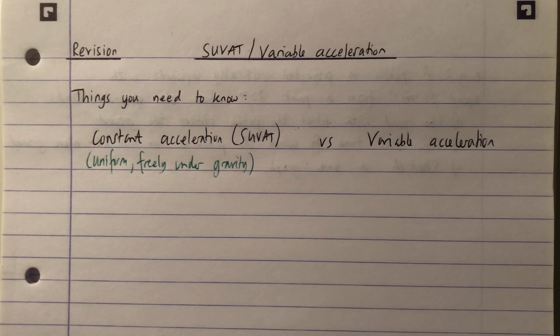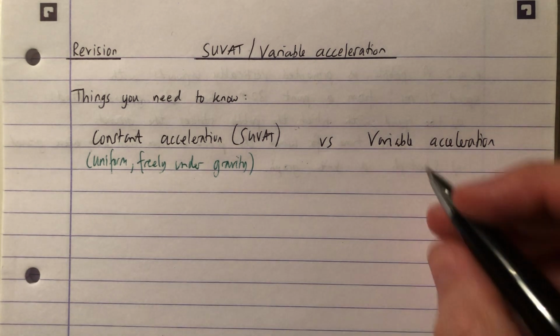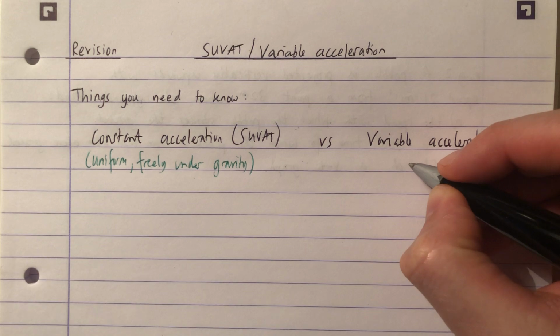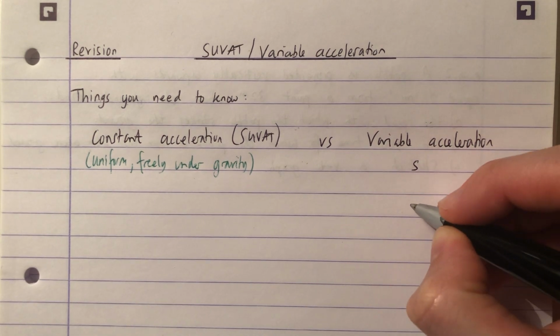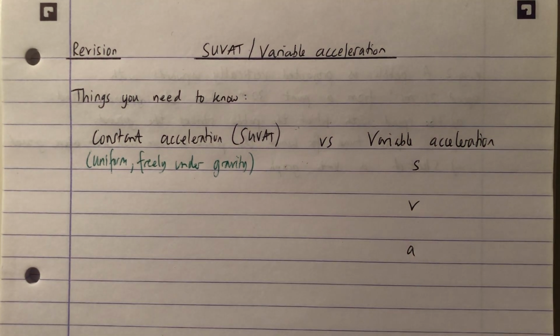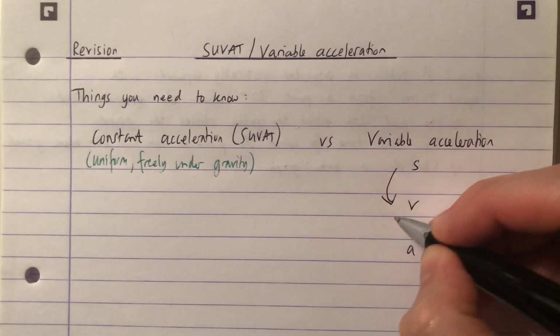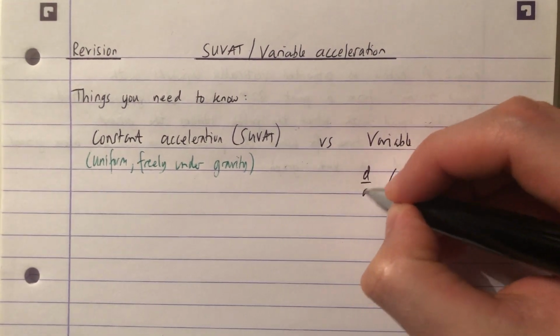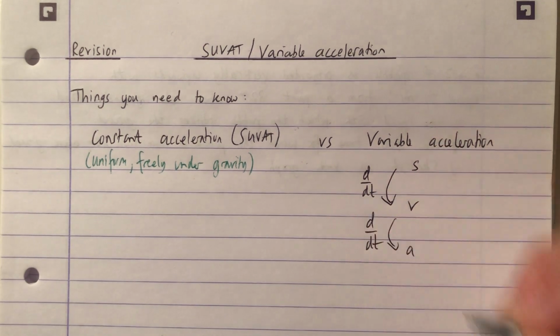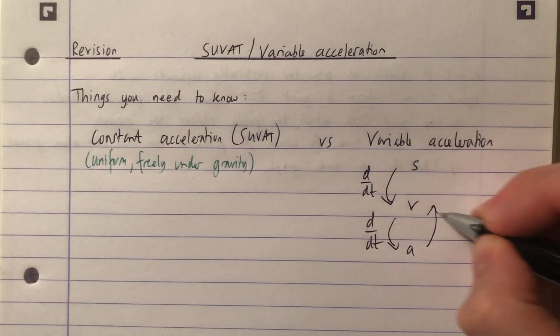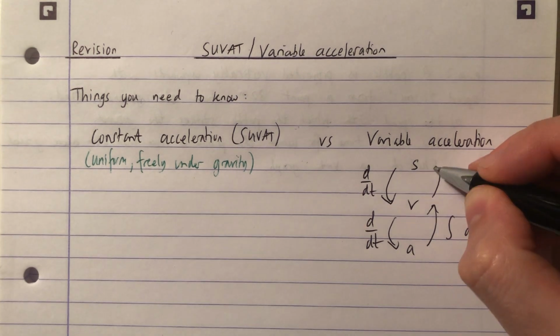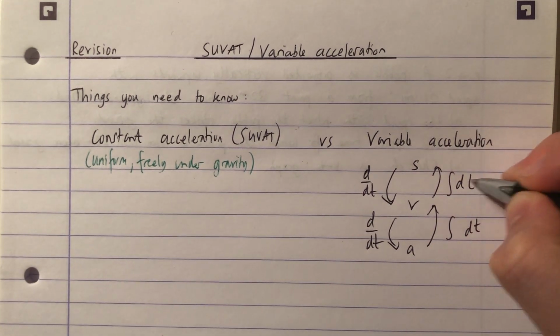So if they don't explicitly tell you it's constant acceleration or uniform acceleration or something moving freely under gravity, then it has to be variable acceleration, where you go between displacement, velocity and acceleration by differentiating with respect to t, and to go in the reverse direction you integrate with respect to t.